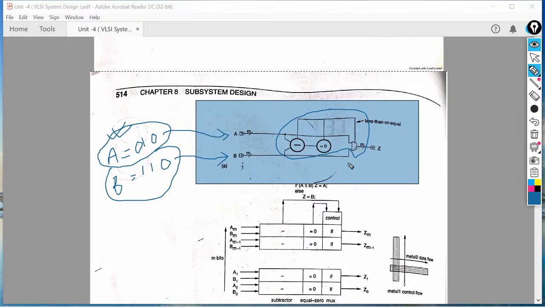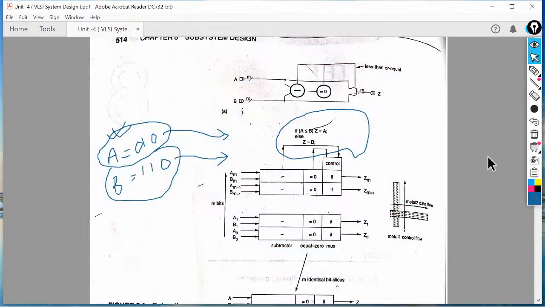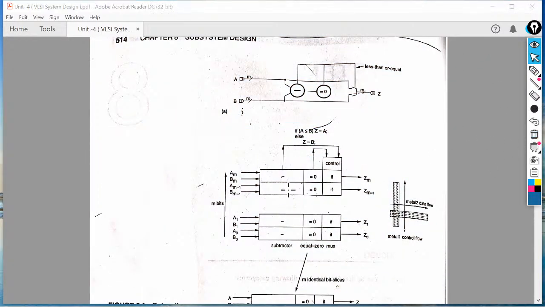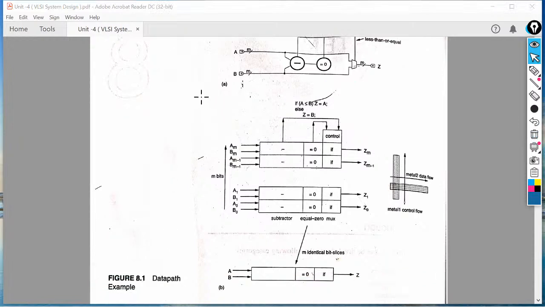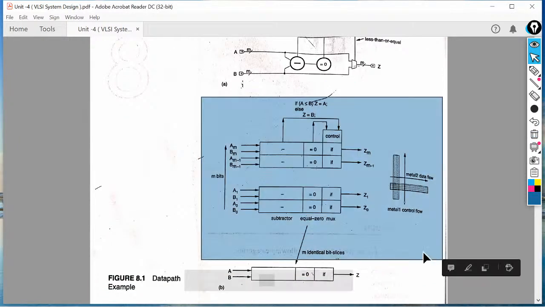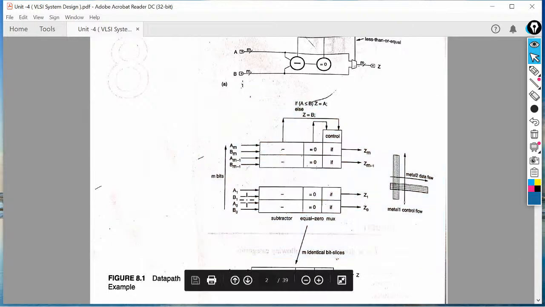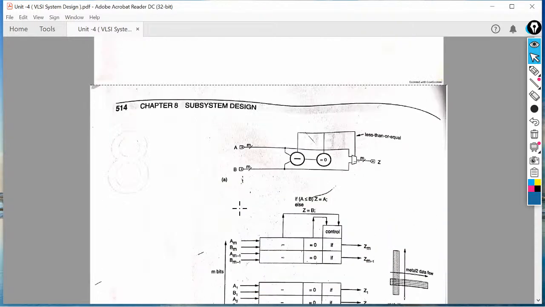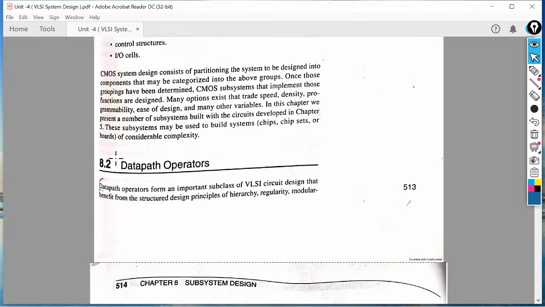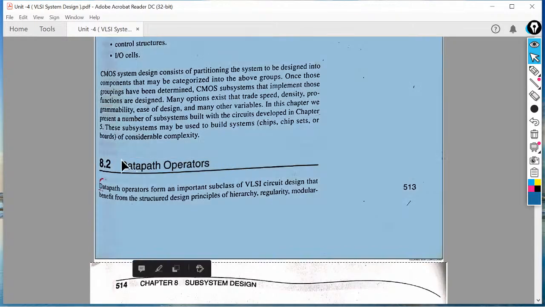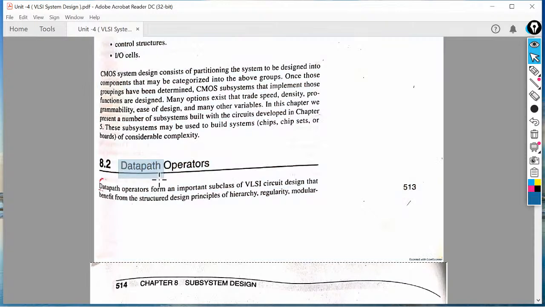Okay, I am explaining all this part because the second part, or we can say the inner part of the circuitry, represents that when we design any data path, before starting the data path operator, first we discuss the data path.